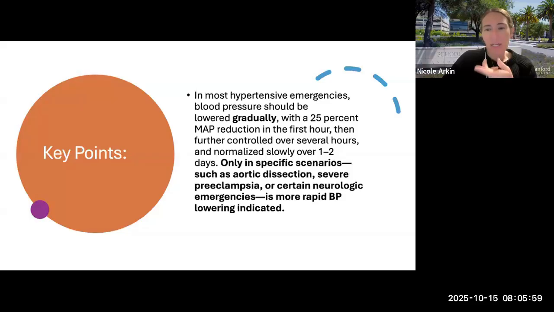And I would say just in the comments, whether it's 30% or 25%, again, we're talking about a range of control and a range of time. So you're looking at about 25% blood pressure reduction within about the first hour in a hypertensive emergency. And you're looking for an immediate reduction for things like aortic dissection and preeclampsia within the first 20 minutes or so.